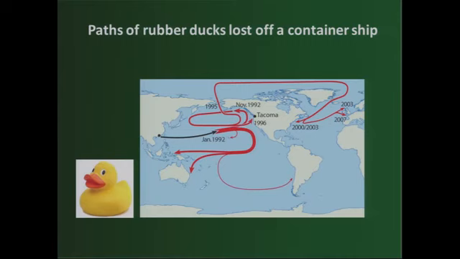The ability of ocean currents to distribute floating objects around the world was seen recently when thousands of bathtub rubber ducks were lost off a container ship in the North Pacific. Within just a few months, these had floated to Indonesia, Australasia, and South America, and subsequently they floated into the Arctic and Atlantic Oceans.